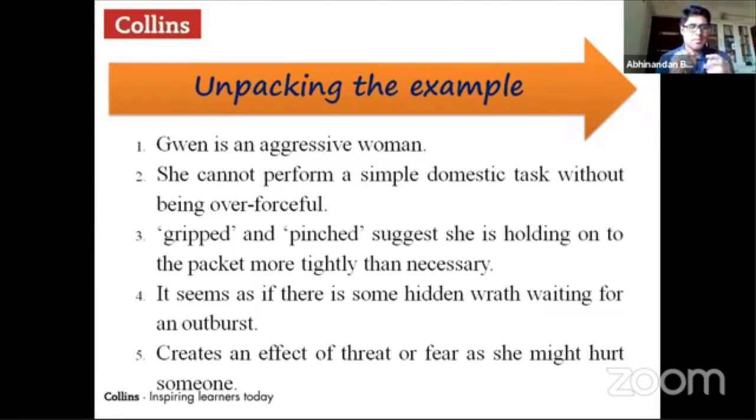So if right from grade 8 onwards, we teach our learners bit by bit how to approach writer's effect in this manner, I think by the time they come to grade 10, the first half of grade 10, they'll be doing a fabulous job and giving you amazing responses for writer's effects.